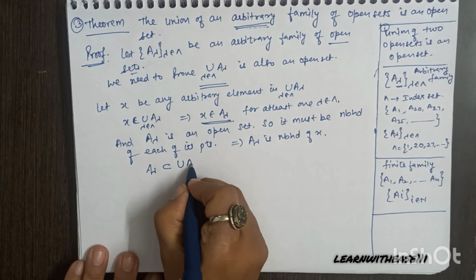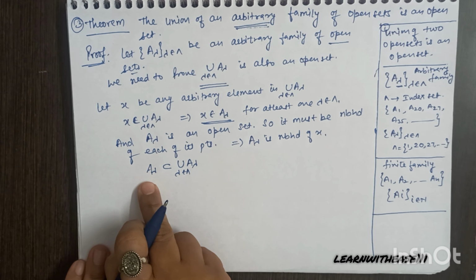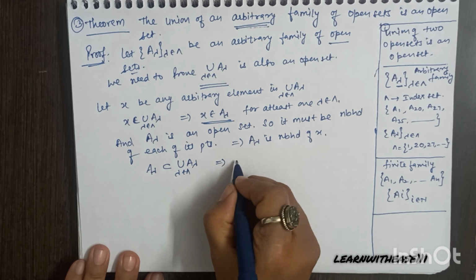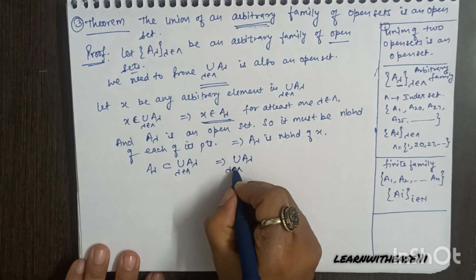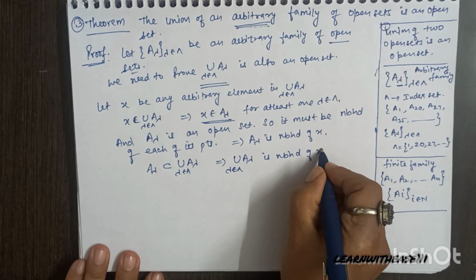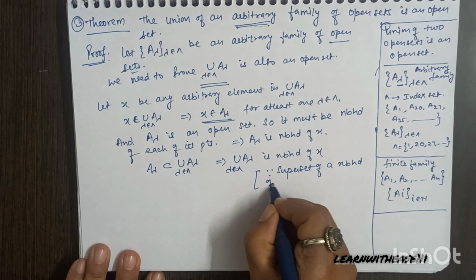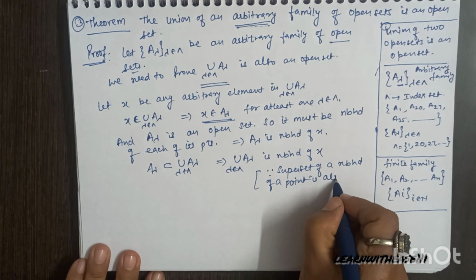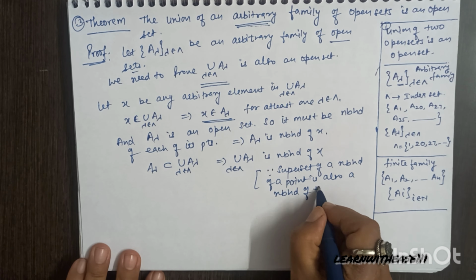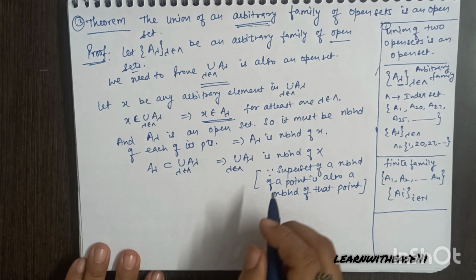And since every element of the collection A lambda is a subset of the union, if A lambda is a neighborhood of x, the union is a neighborhood of x. How? Because in neighborhoods we have studied that a superset of a neighborhood of a point is also a neighborhood of that point.